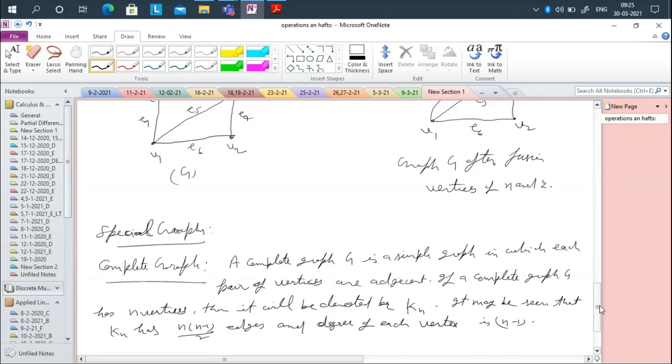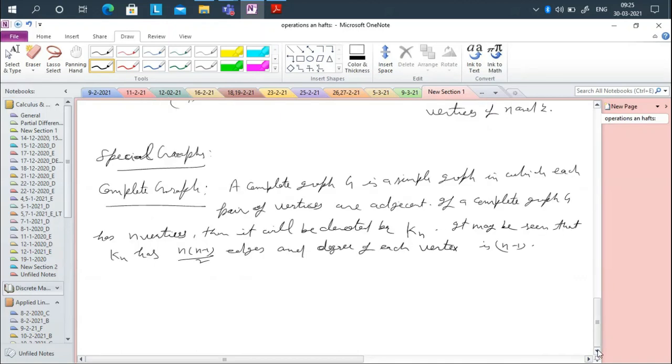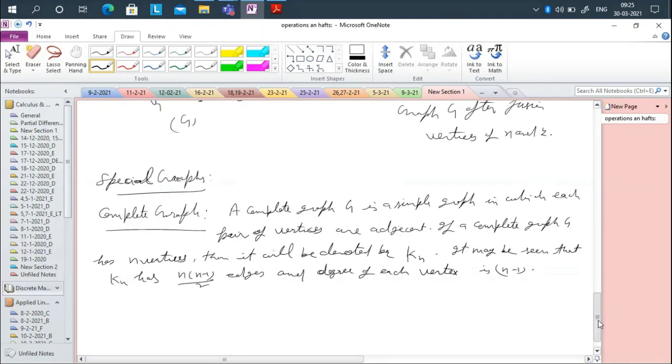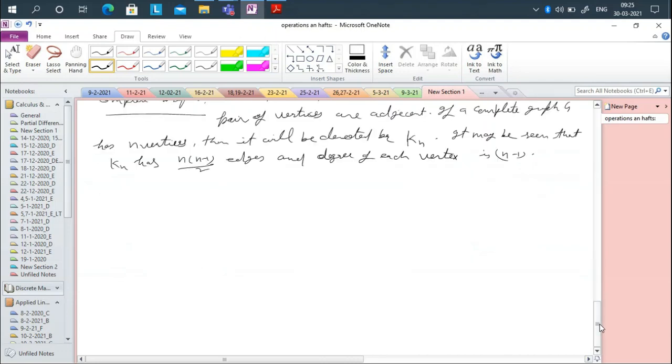Clear? So what is the complete graph? A complete graph with n vertices has n into n minus 1 by 2 edges and the degree of each vertex is n minus 1.